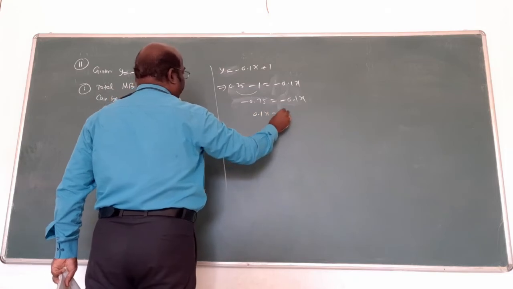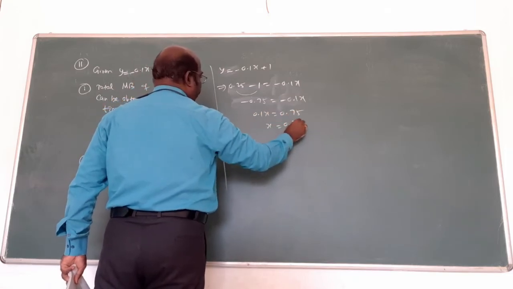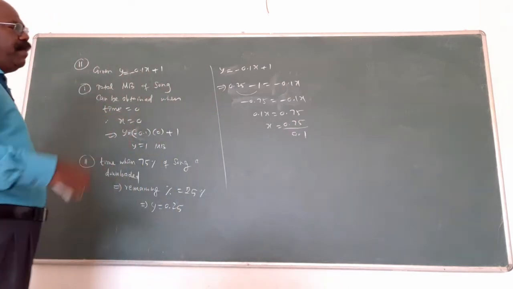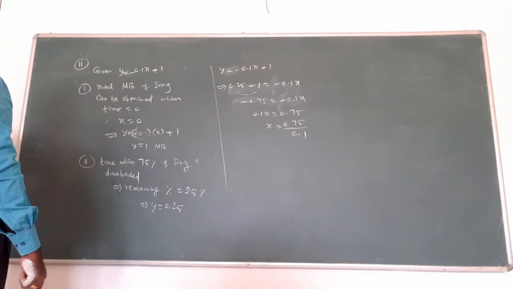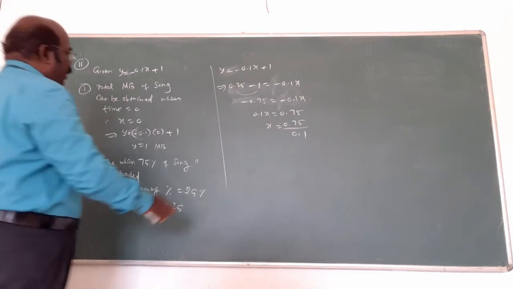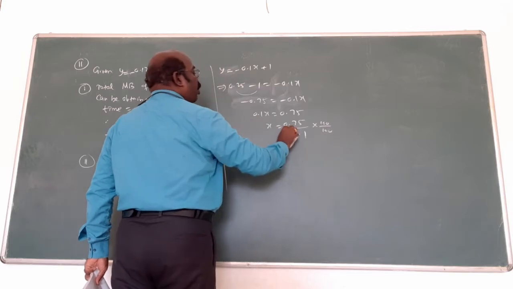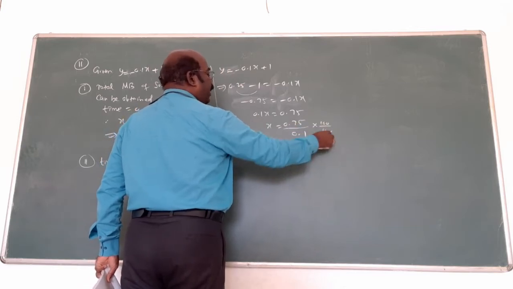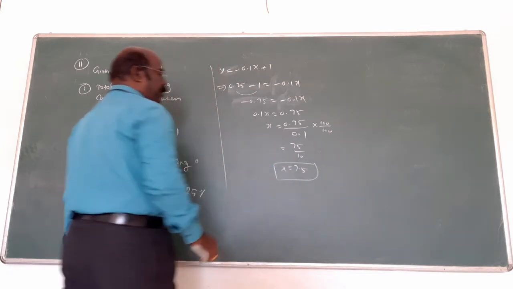Therefore, 0.1x equals 0.75. We want x: 0.75 divided by 0.1. We don't want decimals, so multiply by 100 and divide by 100. 0.75 into 100 is 75, 0.1 into 100 is 10. Now divide: 7.5.